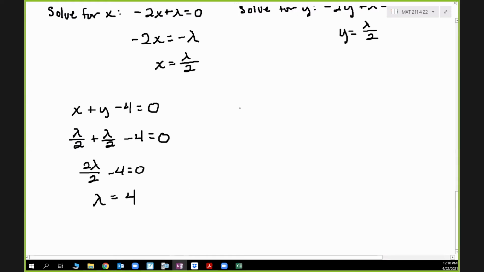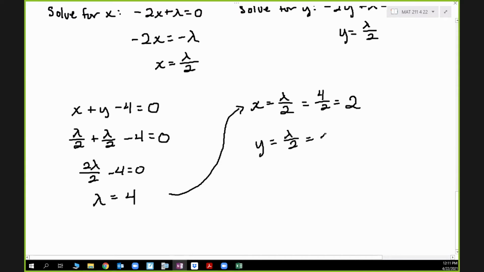So we can plug lambda in. x equals lambda over 2. And now we know that lambda is 4. So x is 2. And we know that y was lambda over 2. Lambda is 4.